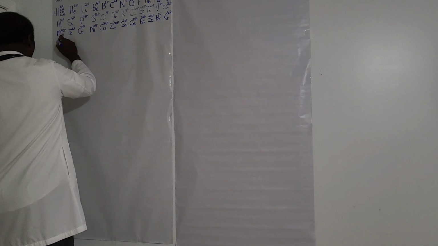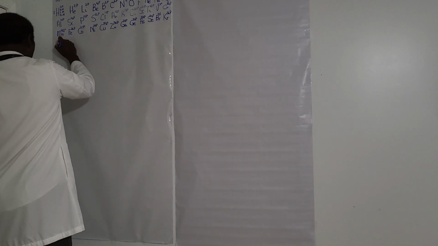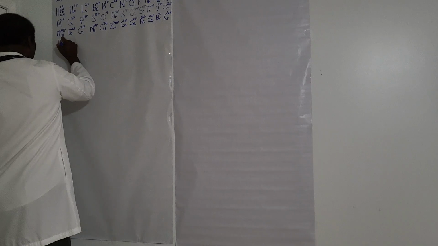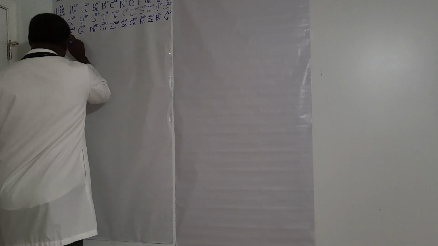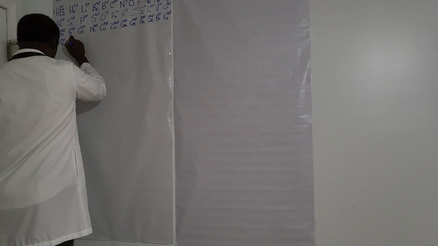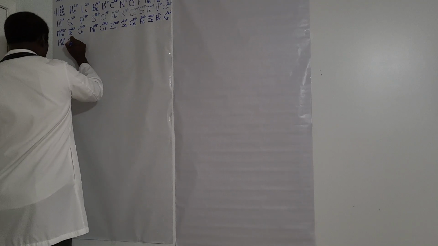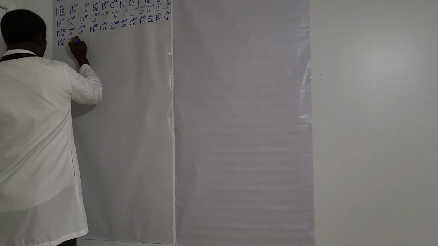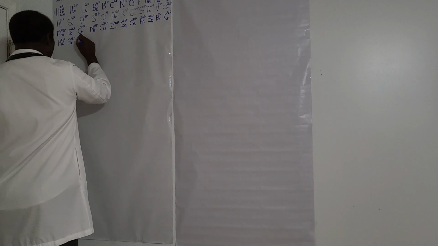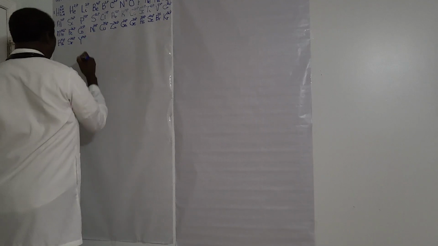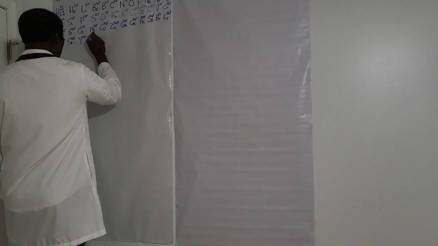37, we have rubidium, Rb, 37 protons. 38, strontium, 38 protons. 39 yttrium, 39 protons, and 40 would be zirconium, 40 protons.